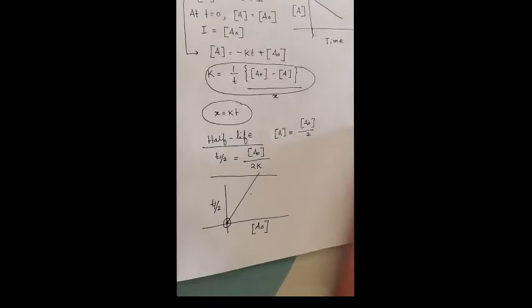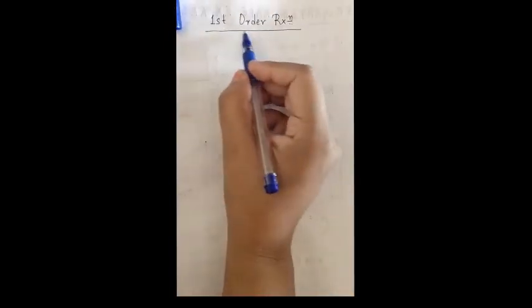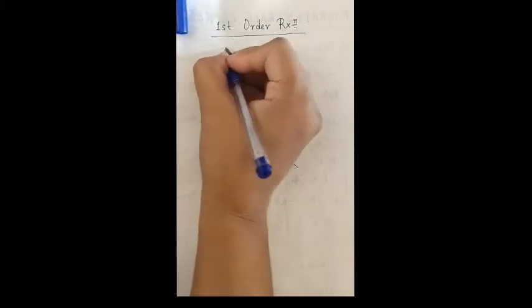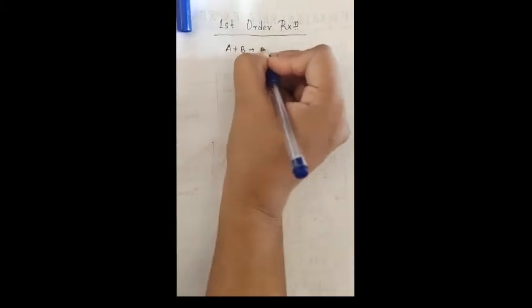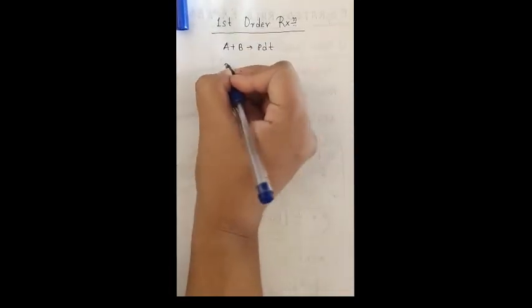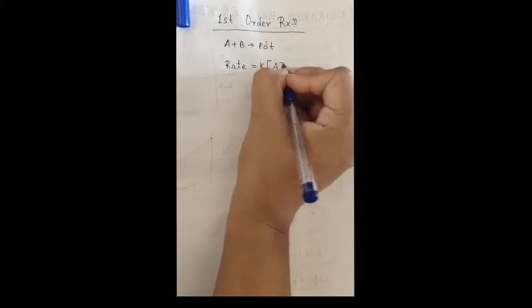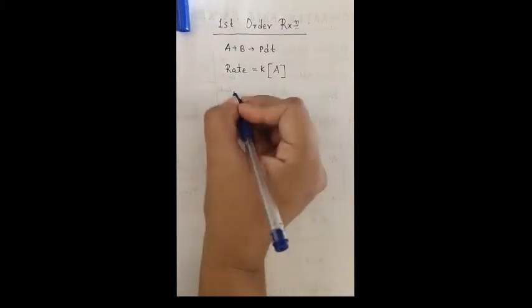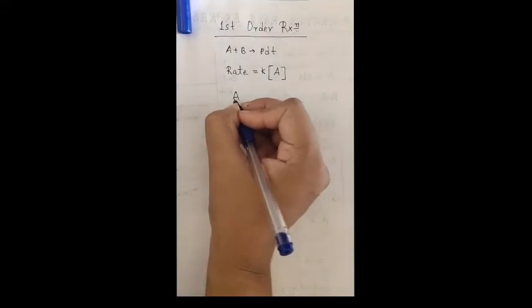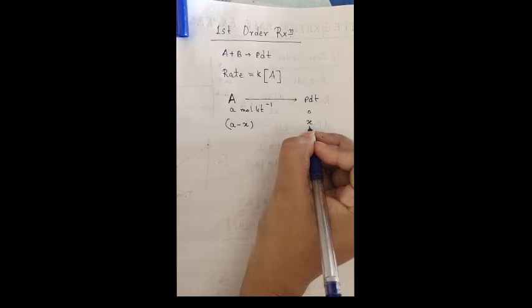Okay. Now we will do two graphical representations for zero order reaction. See, for a zero order reaction, if I plot reaction rate versus concentration, the rate is independent of the concentration. So as the reaction rate and concentration are independent of each other, the graph will be a straight line.